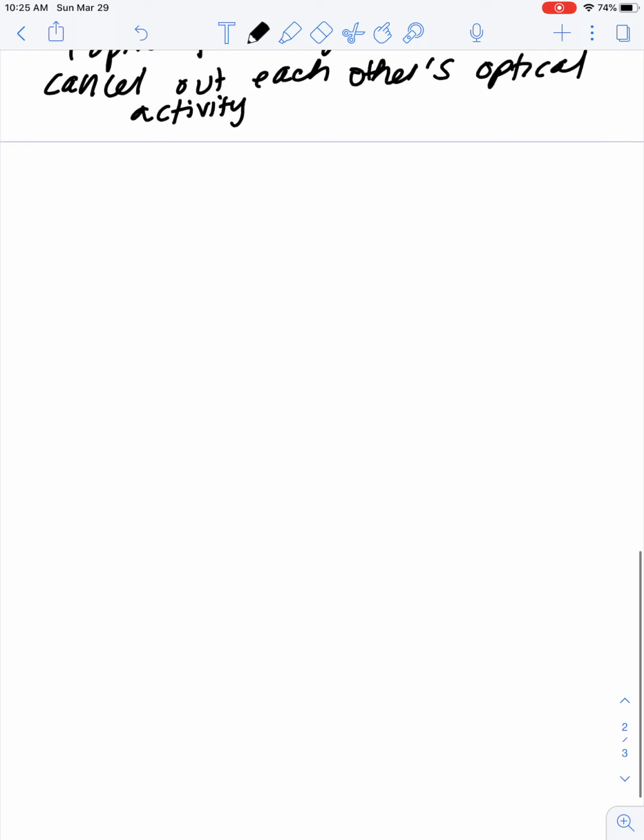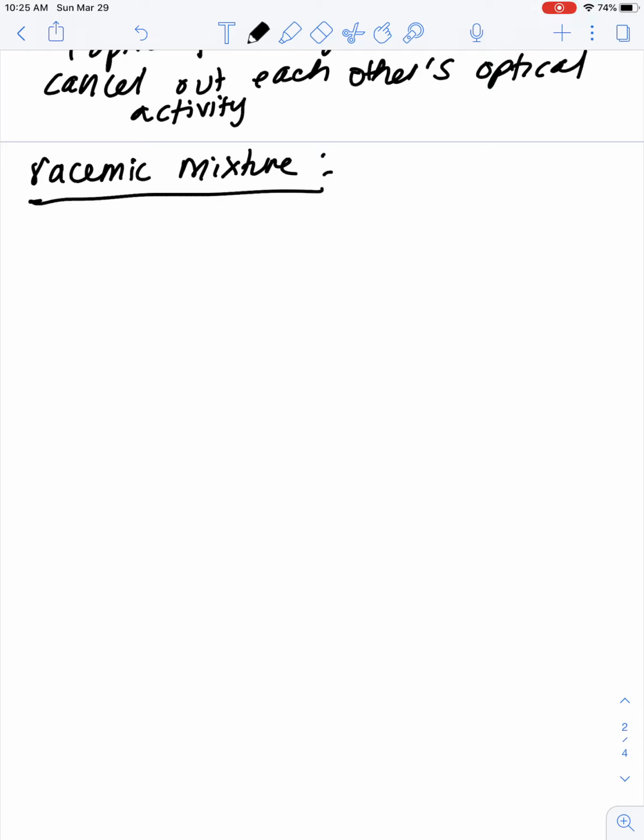So thinking about this, again, we mentioned this last time, we mentioned racemic mixtures. So a racemic mixture, just a quick refresher. A racemic mixture is when we have our enantiomers in a 1-to-1 ratio, so equal amounts of both enantiomers.